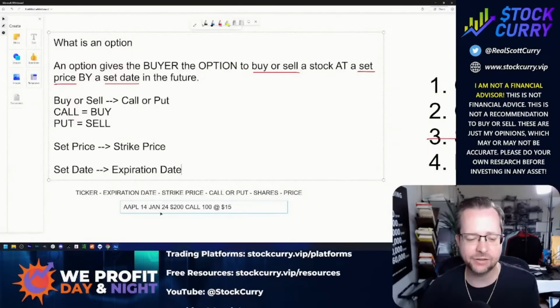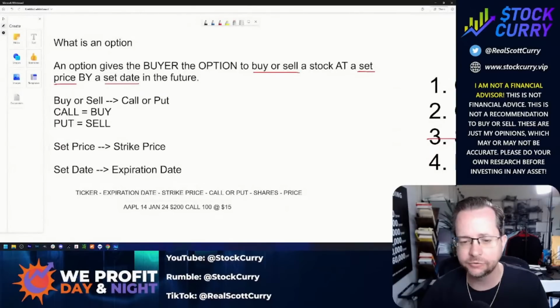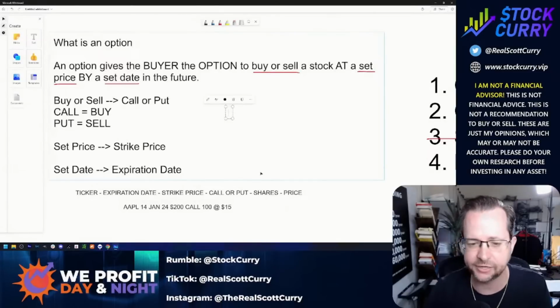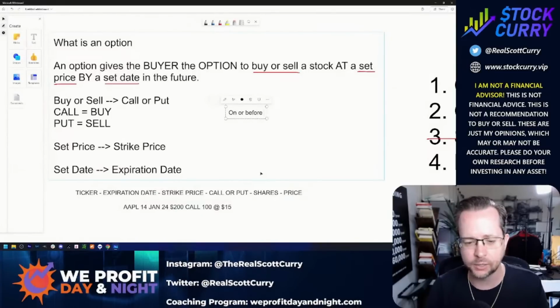Okay. So what does this mean? This means that on or before, this is so important to understand. Some people don't understand early expiration. Here's what this means.